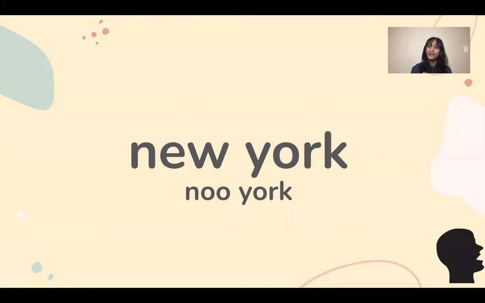Then we have a bonus word. A really hard sound to pronounce is New York. The York part is pretty easy, but the word new is something that a lot of people struggle with. A lot of people, when they see N-O-O, they will go new. And you will hear how that actually drops your soft palate.